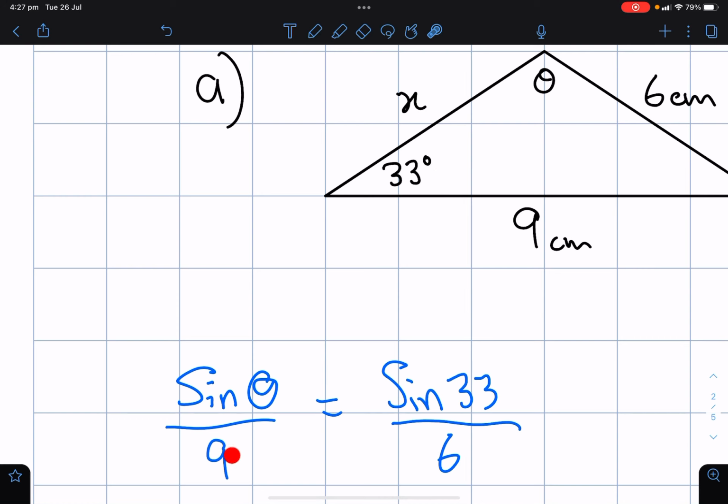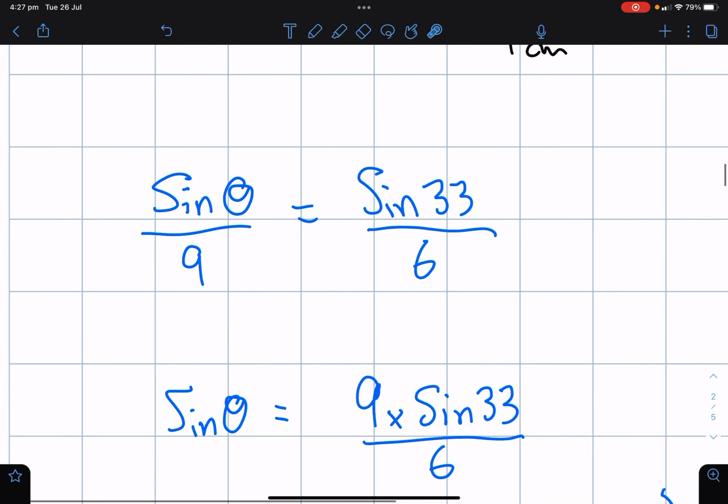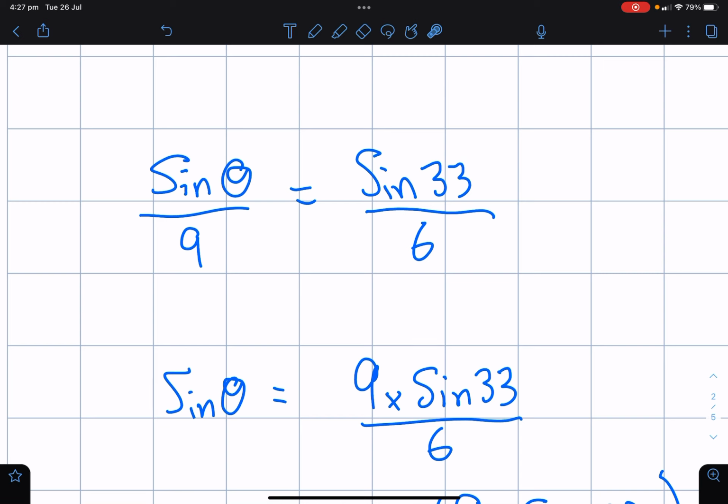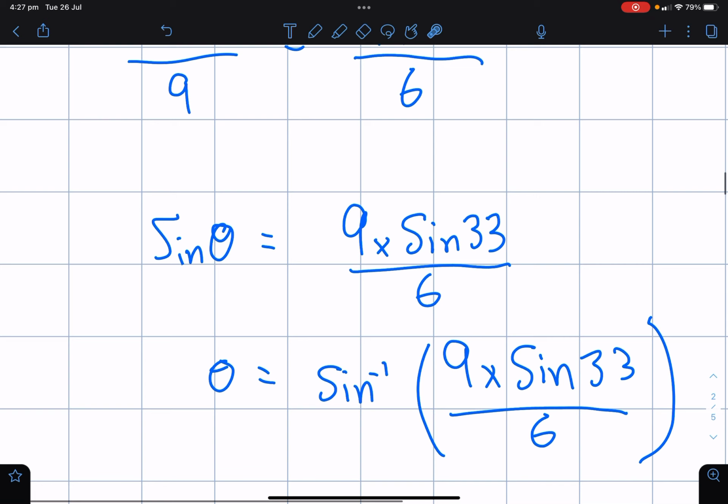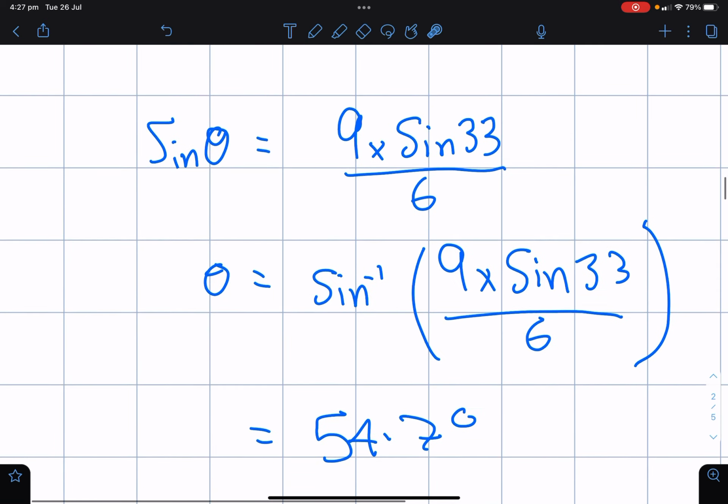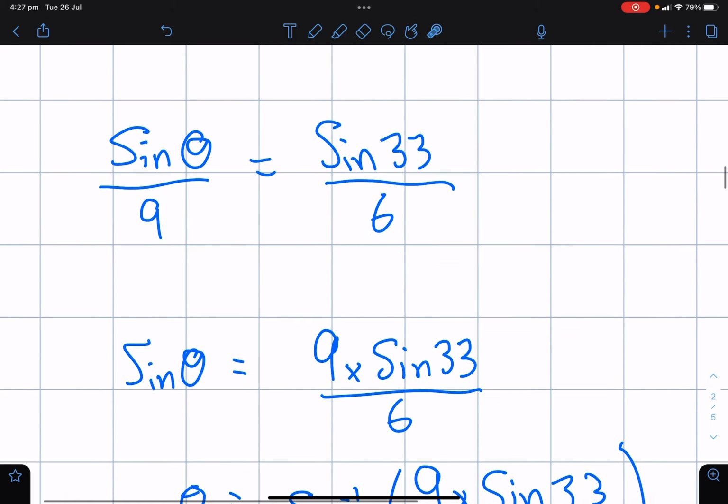So sine theta divided by 9 equals sine 33 divided by 6. Now obviously we're trying to solve for theta, so we want to get rid of this 9. So we're going to multiply 9 on both sides. So sine theta equals 9 times sine of 33 over 6. And that means theta is inverse sine of that whole thing. So theta is equal to approximately 54.7 degrees.